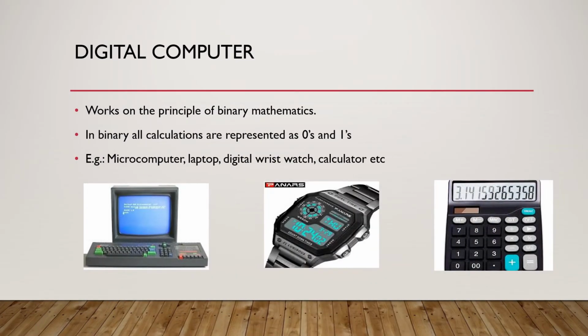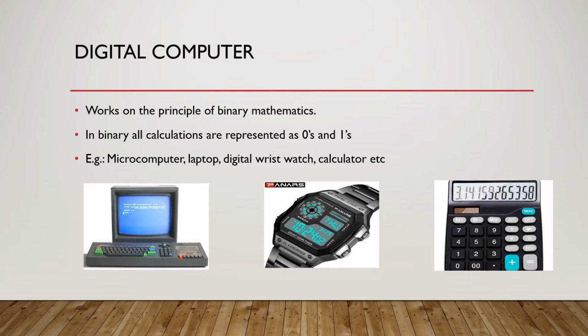Next we'll see the digital computer. This digital computer works on the principle of binary mathematics. So what does binary mean? Bi means two. So it accepts only two digits, zeros and ones. That is your machine language too.